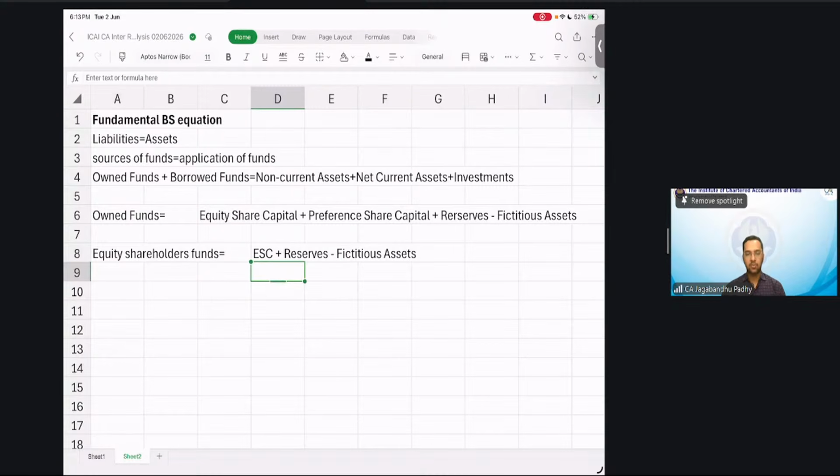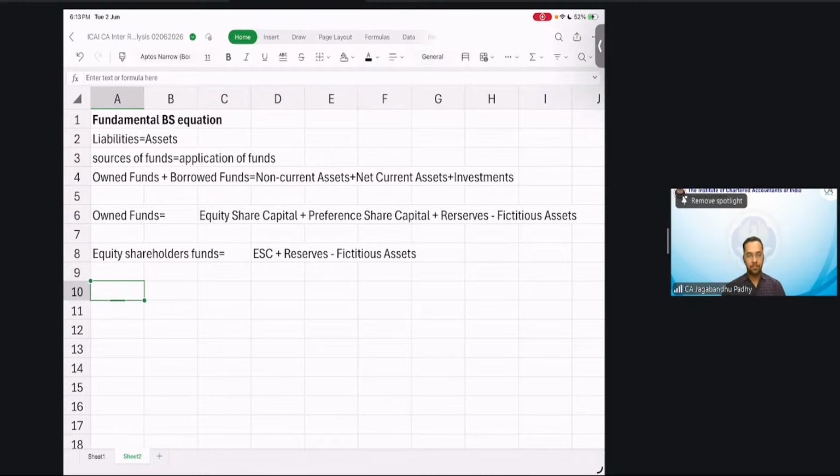So that's equity share capital plus reserves less any fictitious assets. That's your equity shareholders funds, guys.